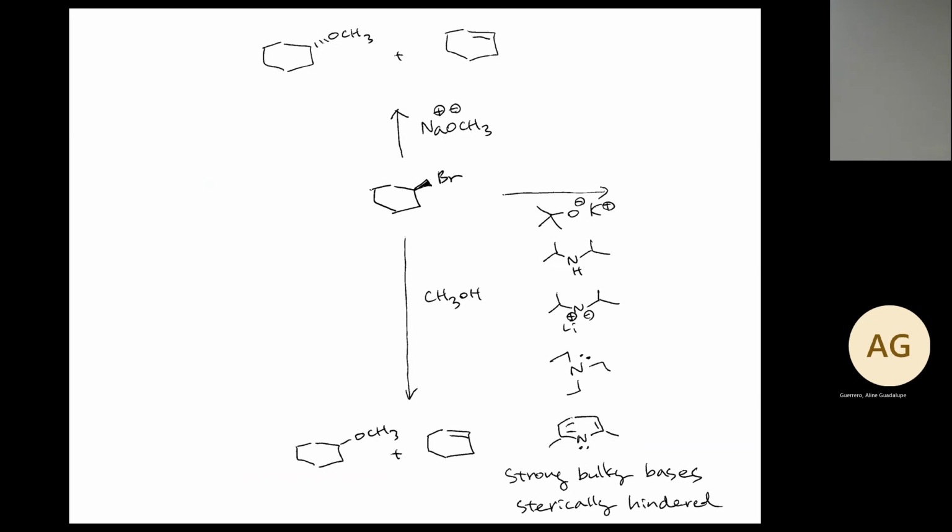So whenever you're using these, you don't get SN2. Even though this is a good substrate for SN2, because these don't act as nucleophiles, all we're going to see is an elimination reaction. So that's an example of how the reagent can narrow down the outcome.